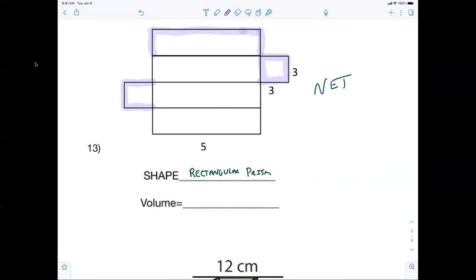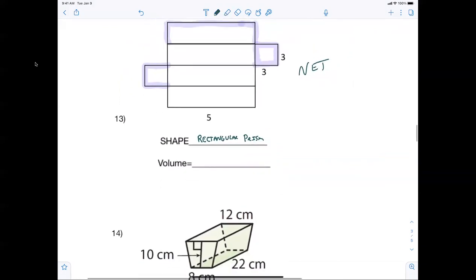Now, the volume again. I want everybody to write down volume: area of the base times the height. But what's the base shape here, guys? I like saying this one is the base.